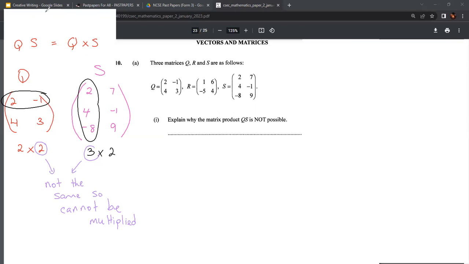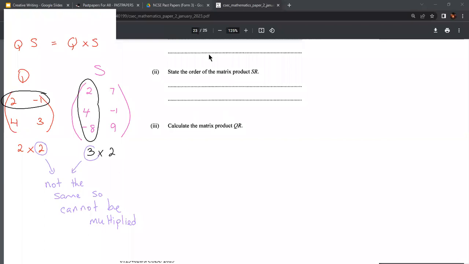All right, so let's look at our next question. The second one, they said, state the order. Remember, order is the same as size, right?